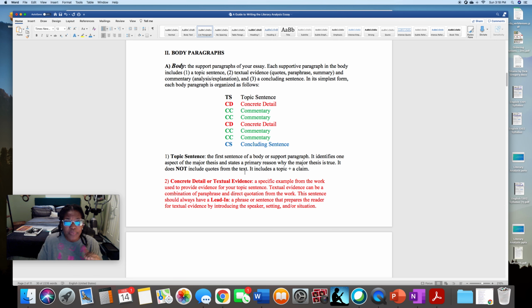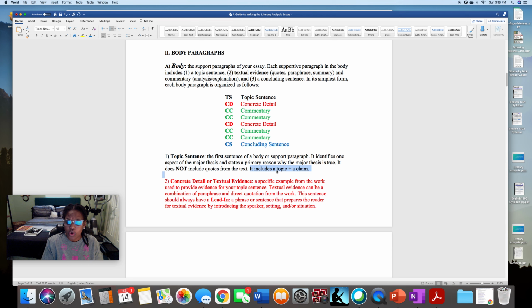Okay? Your topic sentence has a formula, and this is the formula. It is going to introduce a topic, plus it's going to make a claim about that topic. Okay? Now, your topic is going to support your thesis. For example, let's say you're examining the character of Miss Emily in A Rose for Emily, right? You're going to have a topic about Emily. The topic is going to be her character, right?